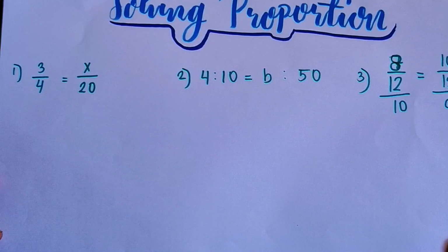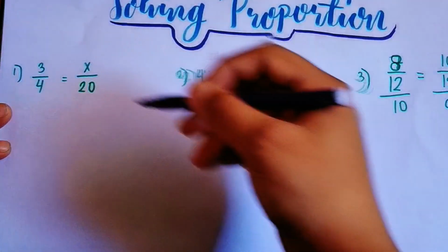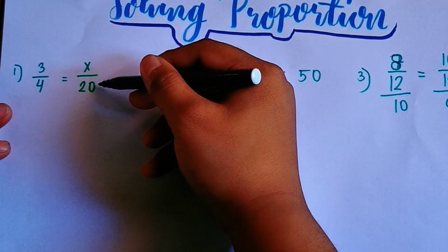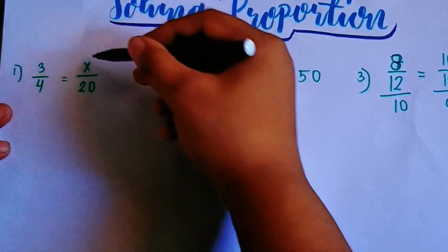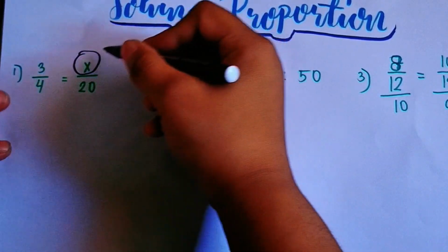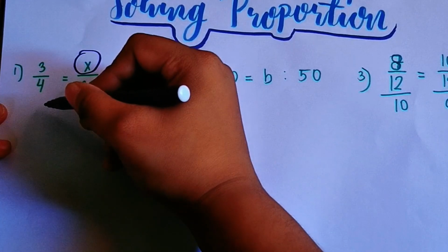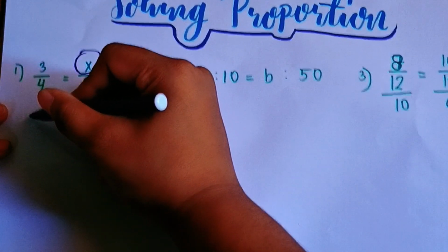Now that you know how to determine the means and extremes and whether it is a proportion or not, let's now solve this proportion. For our example number 1, we have 3/4 is equal to x over 20. So there's a missing value here. Let's form it first into the quantities.